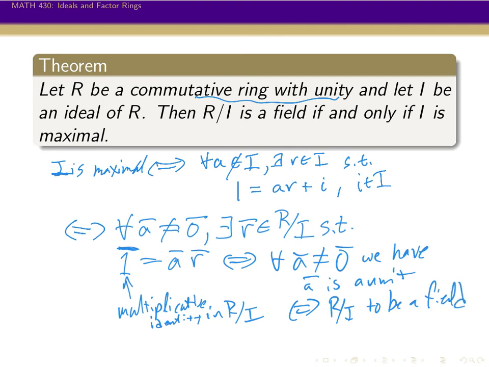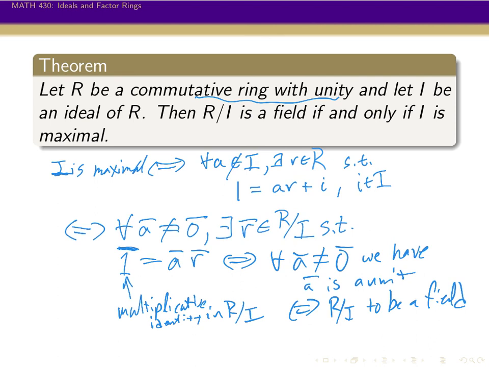And so let's run through this argument in both directions just to see how it goes. So if I is a maximal ideal, that happens if and only if we take anything in the ring that's not inside the ideal, then there exists some r in R. So we are doing some correcting on the fly.